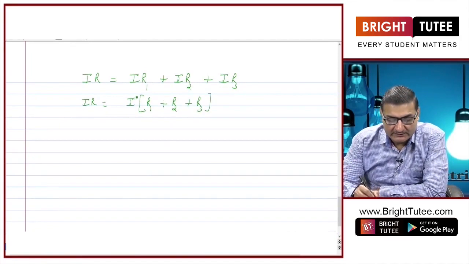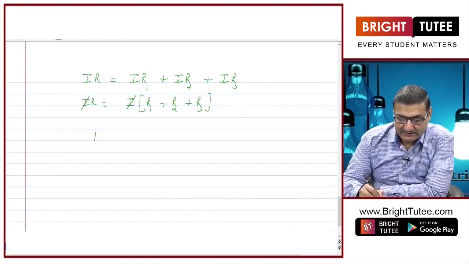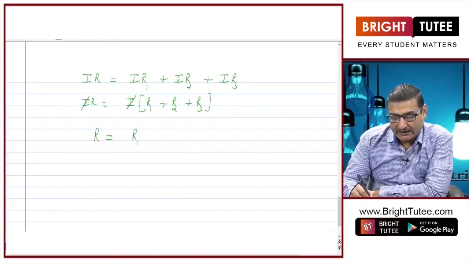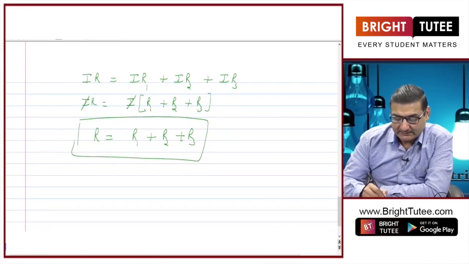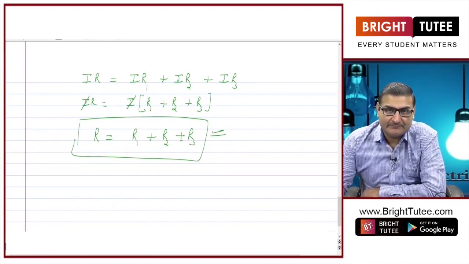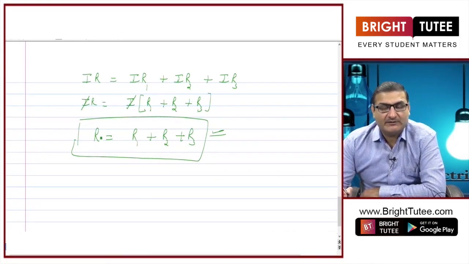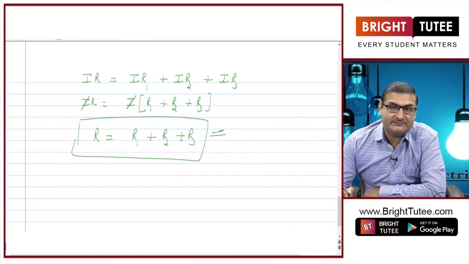So, take common, this I and this I are going to be cancelled out with each other and I am left with R is equal to R1 plus R2 plus R3 and this is our answer, right. So, this is the total resistance, that is what we are calculating in series.